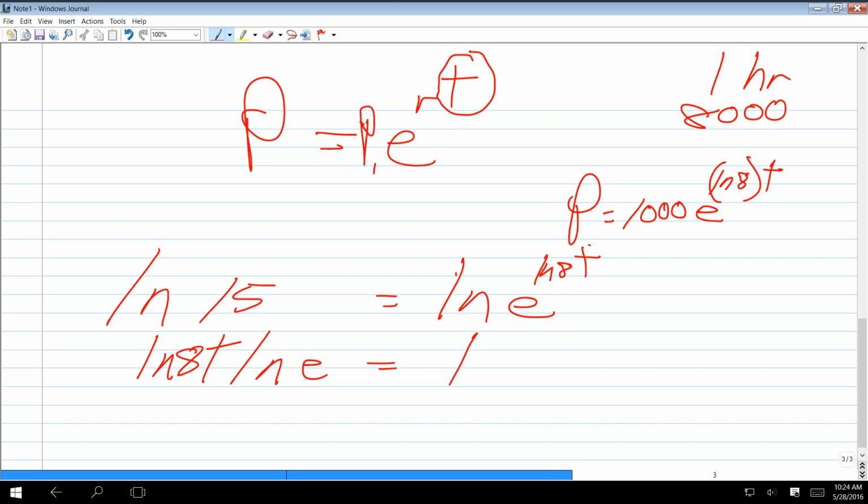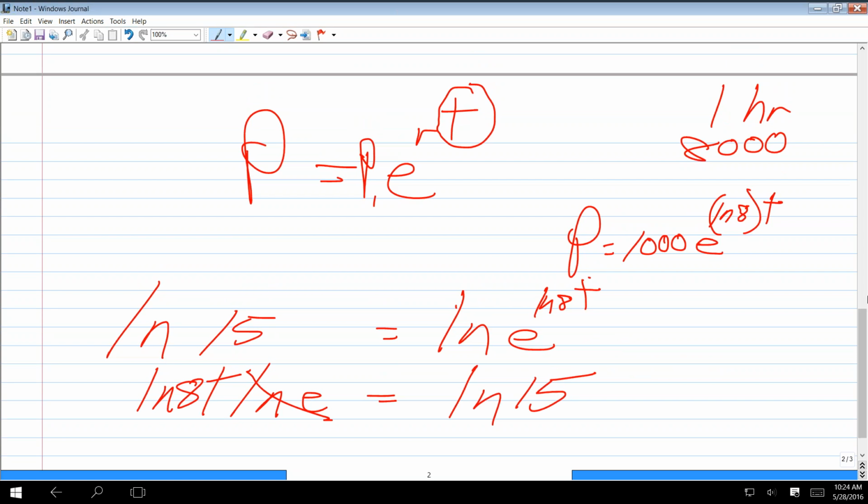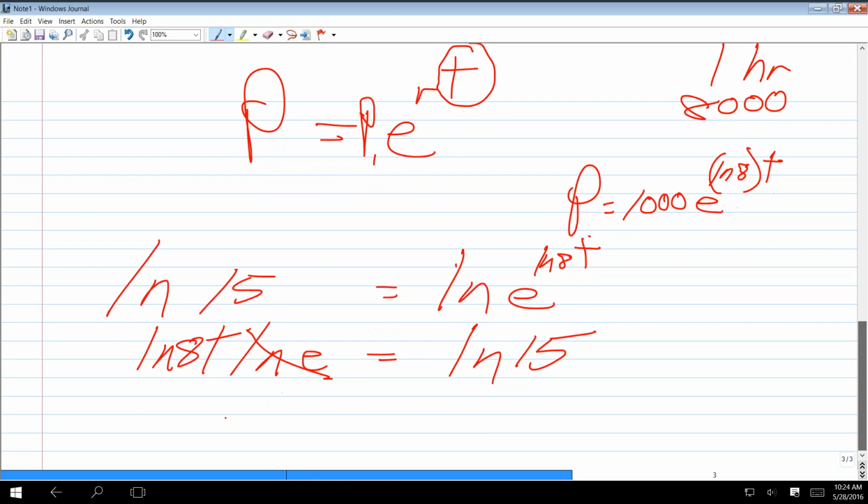The base on ln is e. In other words, this is what ln means. It means log base e. So ln of 8t times ln e equals ln 15. And this always goes away because that goes to 1. So ln of 8t equals ln 15.